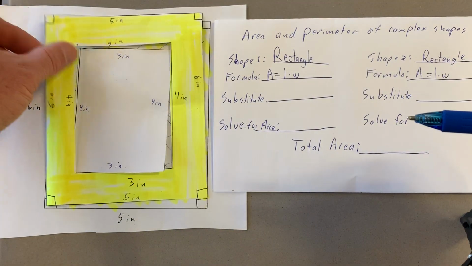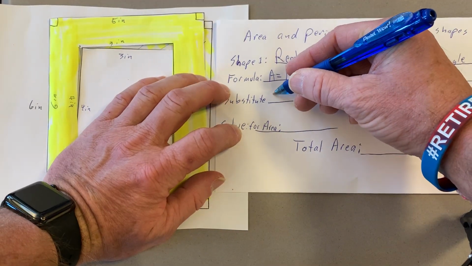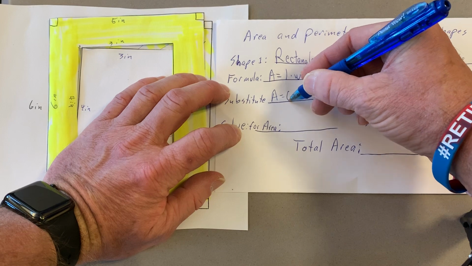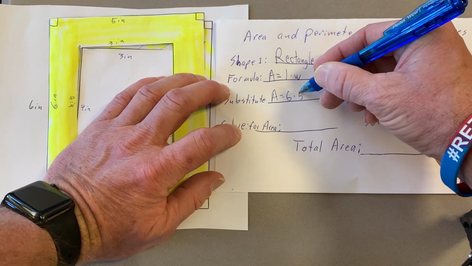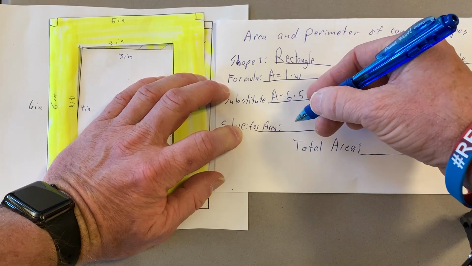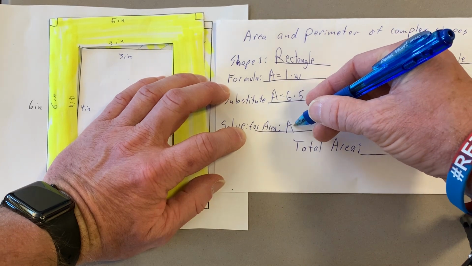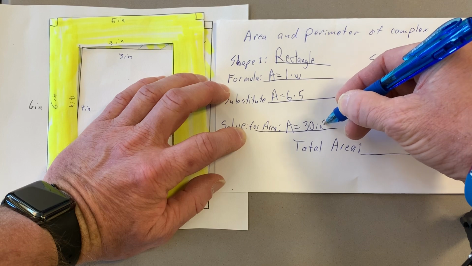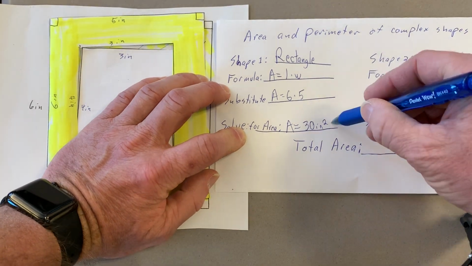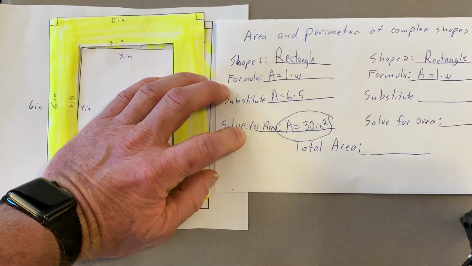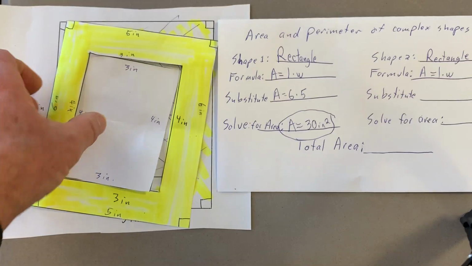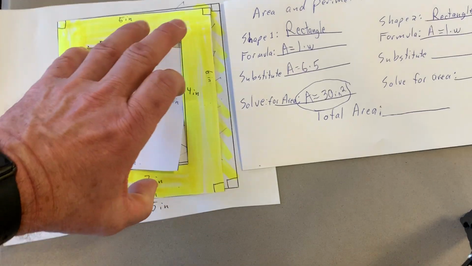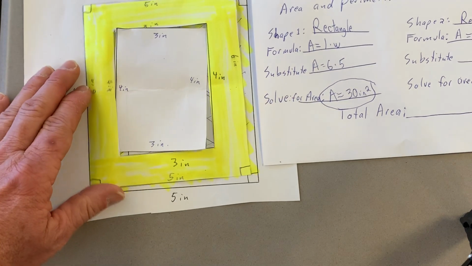So I'm going to go ahead and look at those numbers and substitute them in. 6 times 5. So I know 6 times 5 is 30. I'm going to solve for the area, and I'm going to come up with 30 square inches for this one. I'm going to circle it. That's part of my area. That is everything inside the boundaries here.